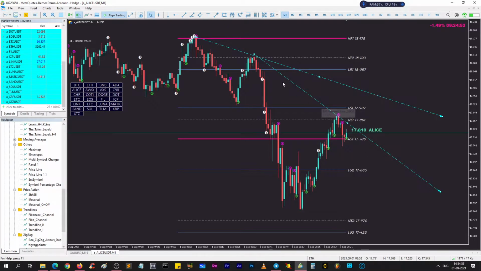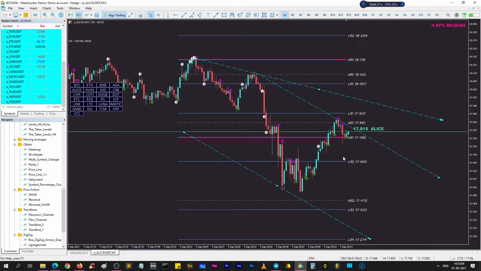Otherwise, if it keeps respecting this resistance line, then it will keep going down. And up to where it could go down, you can just duplicate it and find it like support somewhere like here.